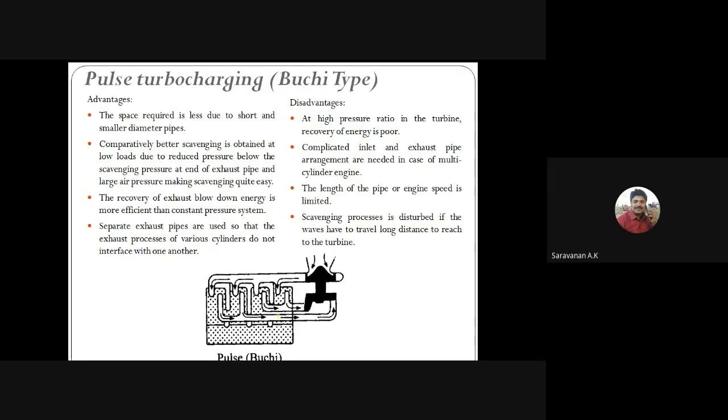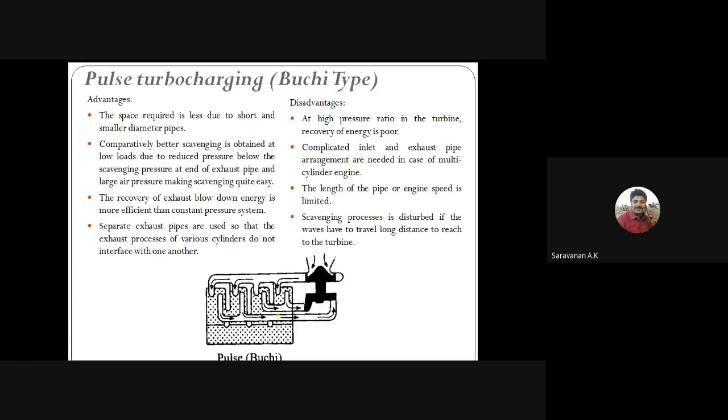So a large proportion of the energy is thus recovered, though towards the end of the exhaust, the pressure in the exhaust pipe drops below the scavenging air pressure, making the scavenging quite easy.